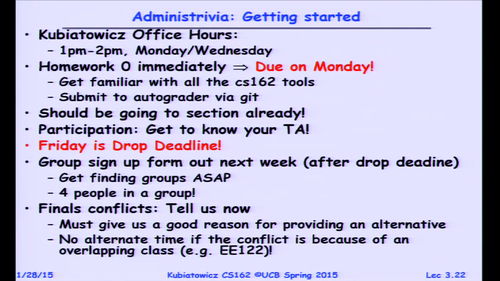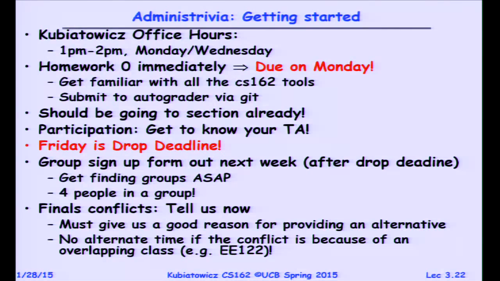Finals conflicts. I've had a couple people tell me that they're trying to take a class that overlaps this one. As a result, there's a finals conflict, and can they move the final? No. We're not going to help people take classes where you cannot attend one or the other of them. This is a pretty large class compared to EE 122. Now, if you can convince the EE 122 professor to move your final for you, okay.